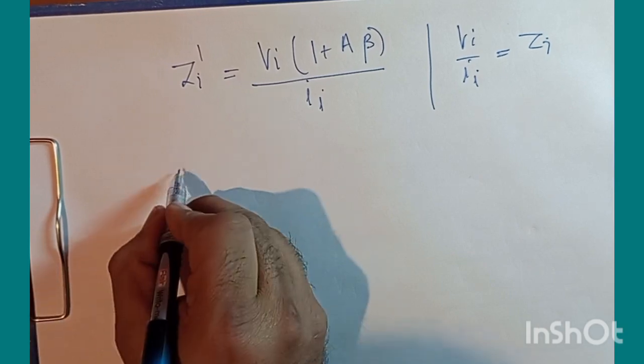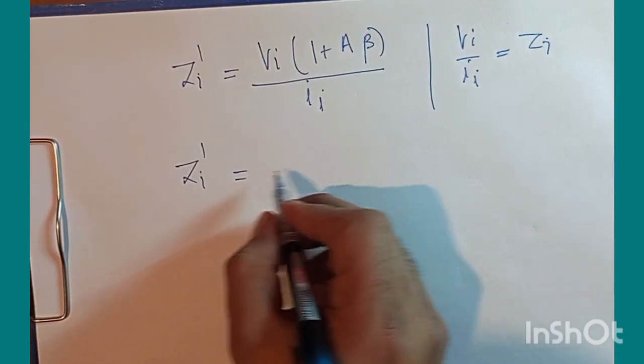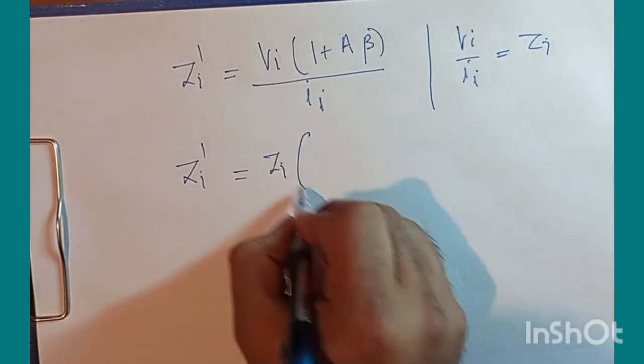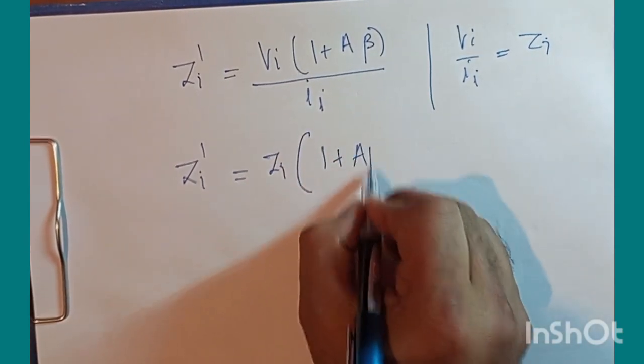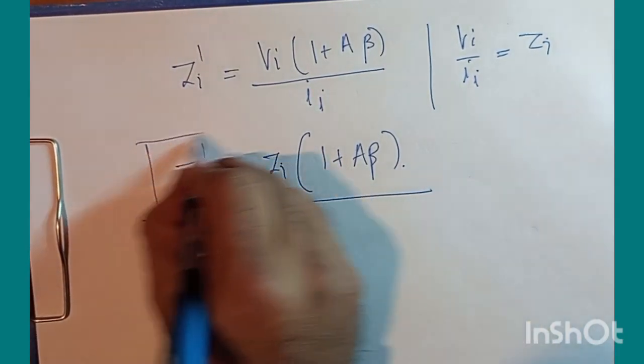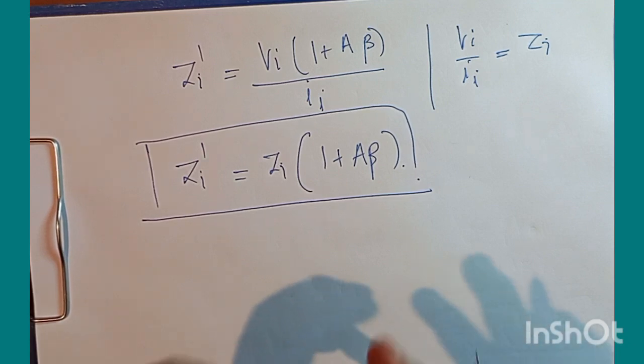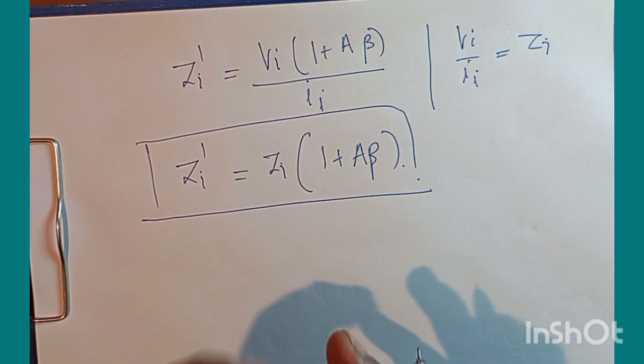So Zi dash will be Zi times 1 plus A beta. That means the input impedance of the amplifier is going to increase when we are making use of negative feedback.